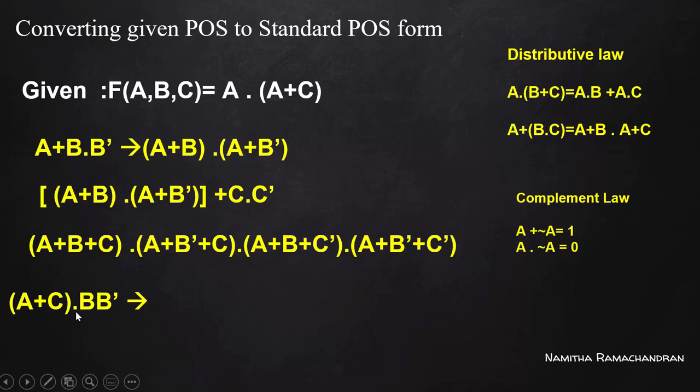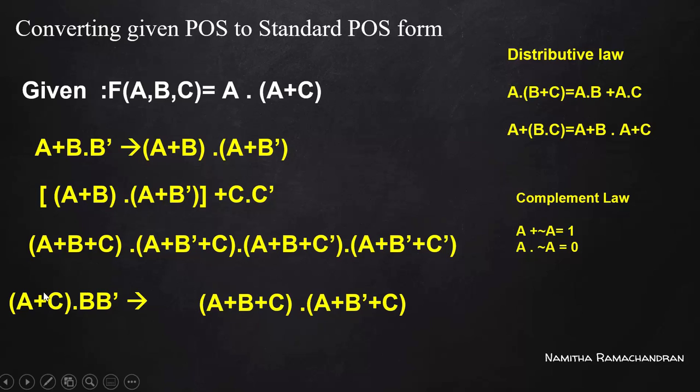That is, we need to add B and B complement with this. Then apply this law. Now it becomes A plus B plus C and A plus B complement plus C.